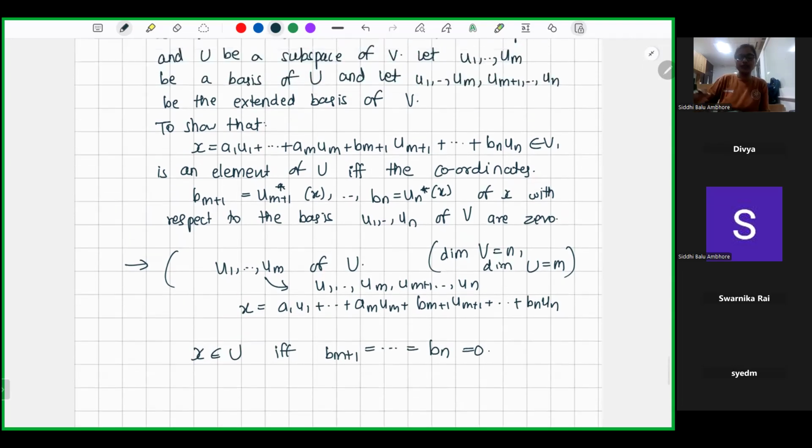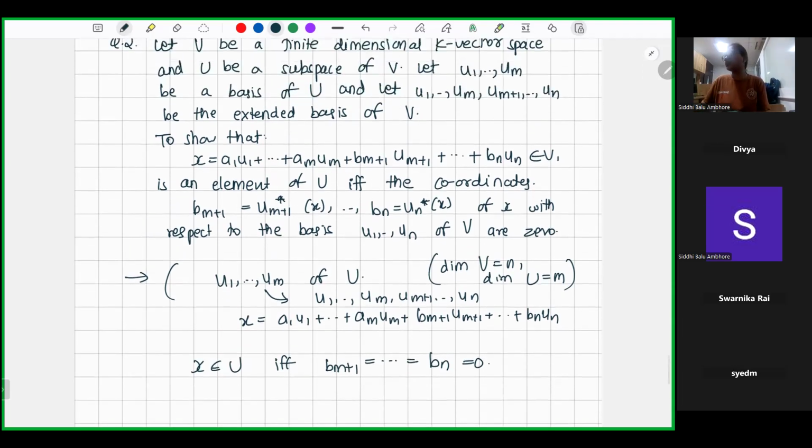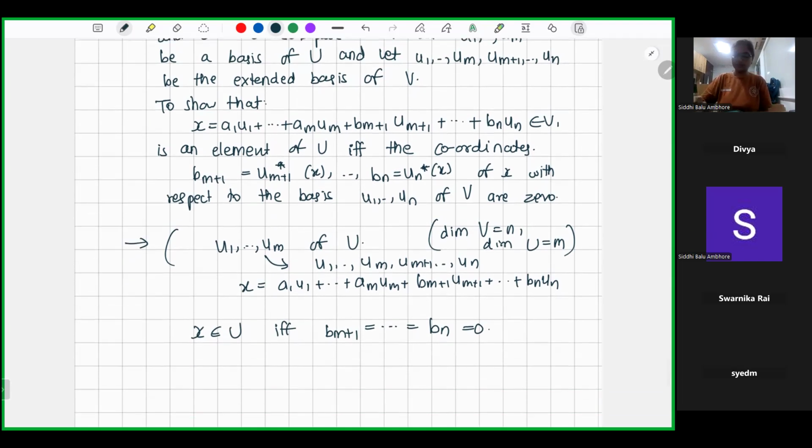And this is the way we often characterize a subspace of a given vector space.